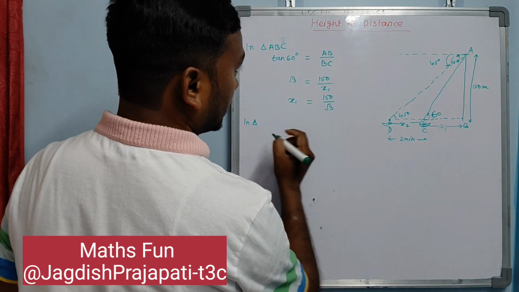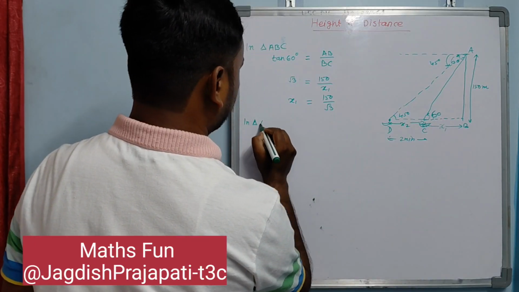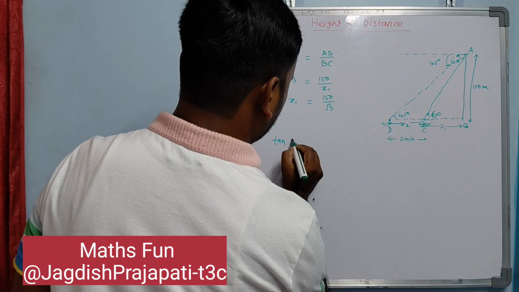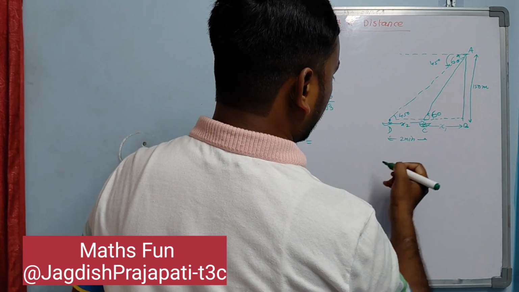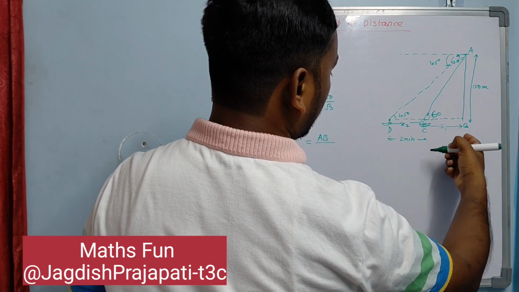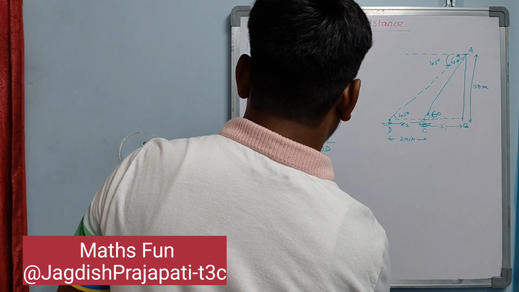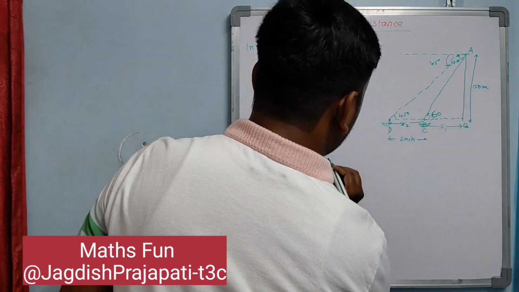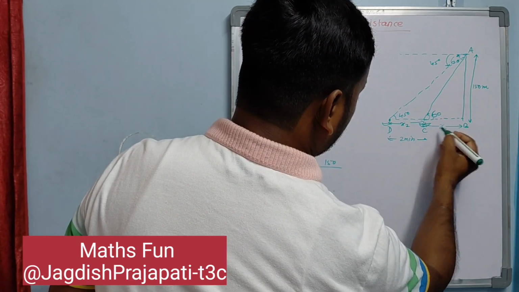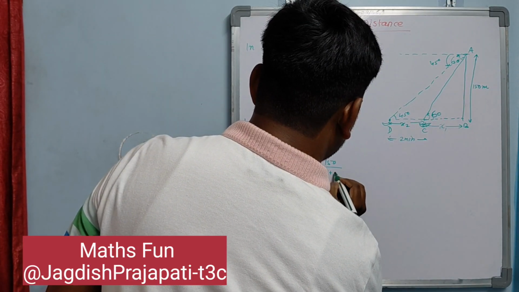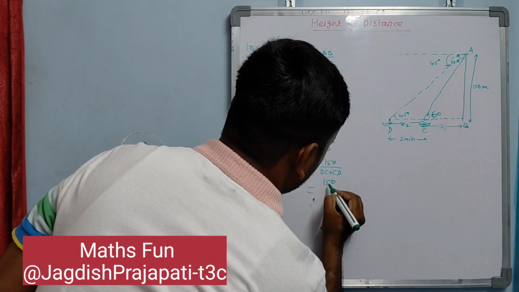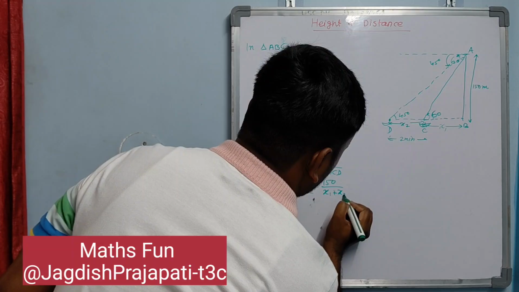In triangle ABD, tan 45 degree is equal to AB upon BD. Tan 45 is 1, AB is 150 meter given, and BD is BC plus CD, which is x1 plus x2.